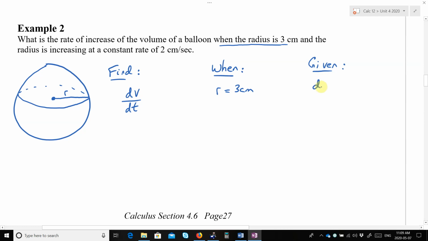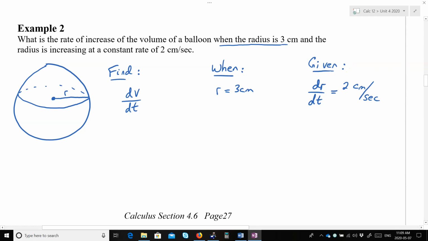So the given is that the change in radius with respect to time is 2 centimeters per second.